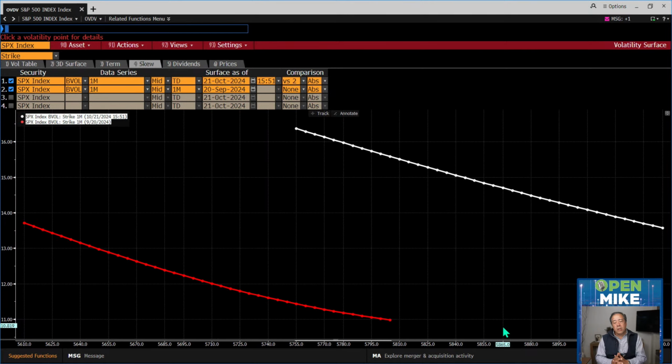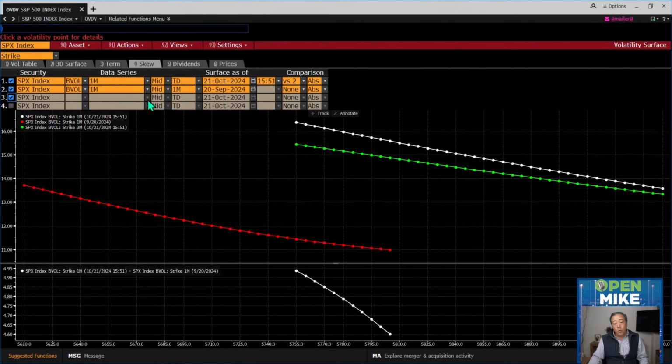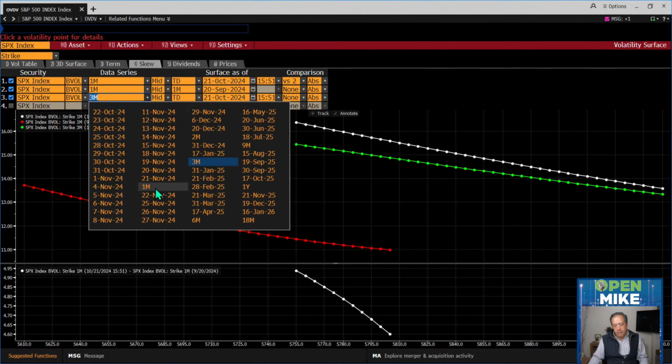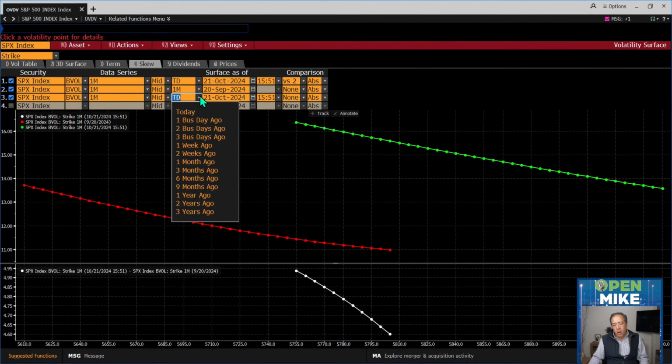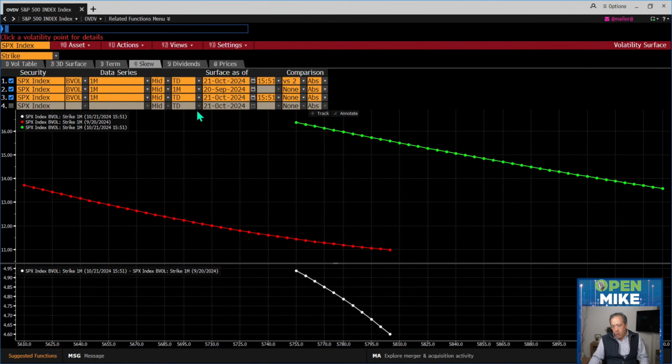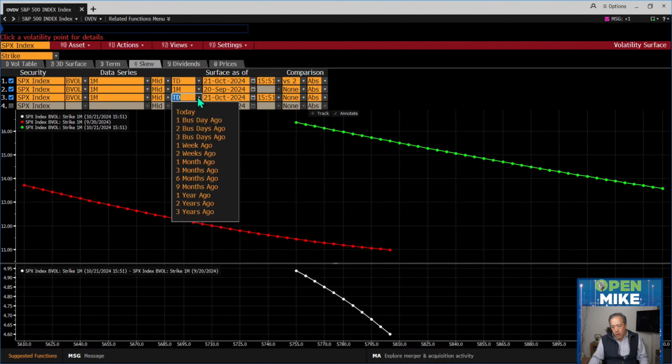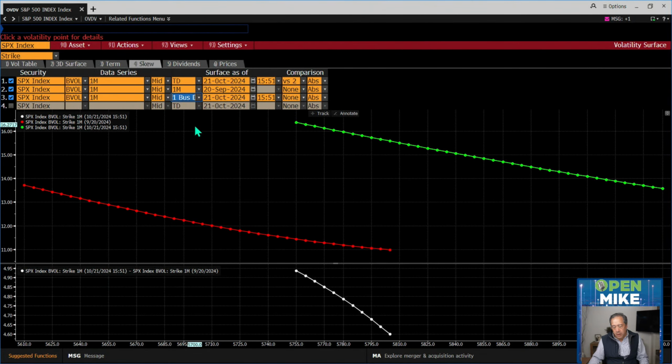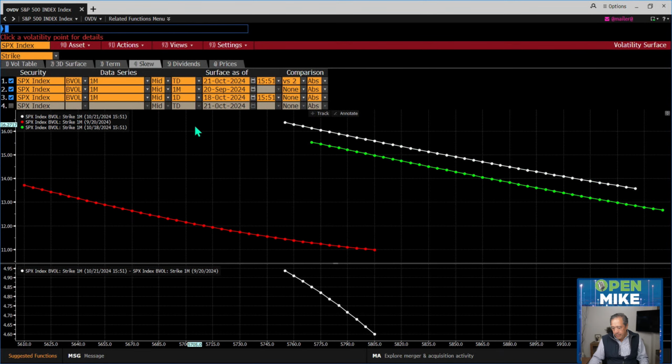What is important to think about, though, is that I'm going to introduce one additional 1 month implied volatility in here, and I'm just going to go back one day, so 1 business day ago. There we go. Okay. So we know that the market was lower today, and we know that implied volatility was higher.